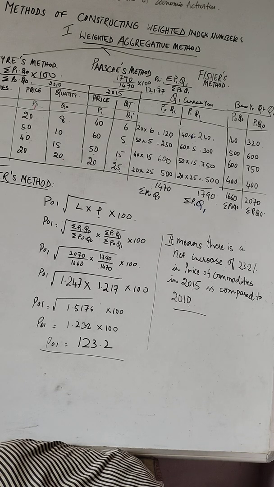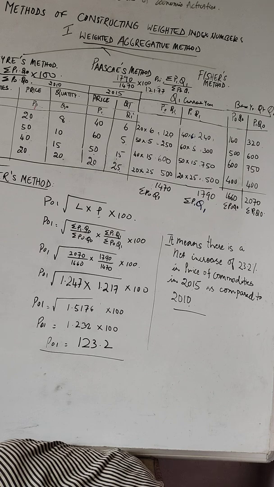Let me also tell you that Fisher's index number satisfies both the time reversal test and the factor reversal test. Now, what is a time reversal test? The time reversal test implies that the formula for calculating an index number should be such that it will give the same ratio between two points, no matter which of the two is taken as base.